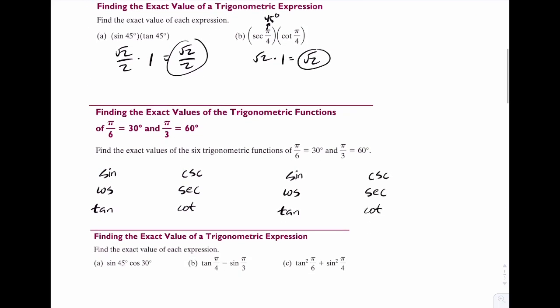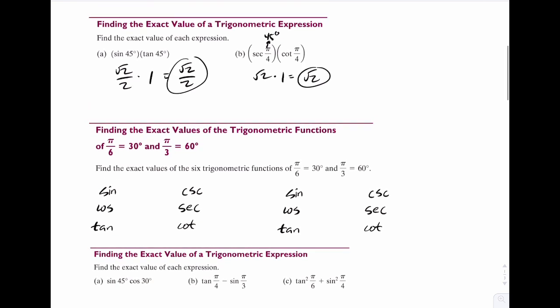Now let's go to the next one. The same problem except at 30 and 60 degrees. On the side, let's draw our 30, 60, 90 triangle right there. We'll put the 60 here, the 30 here. The ratios are going to be 2x, x, and x root 3. Once again, let's just replace the x with 1 to make it easier.